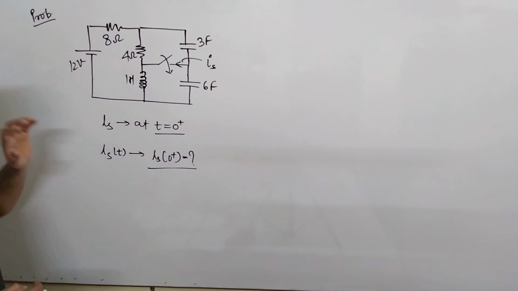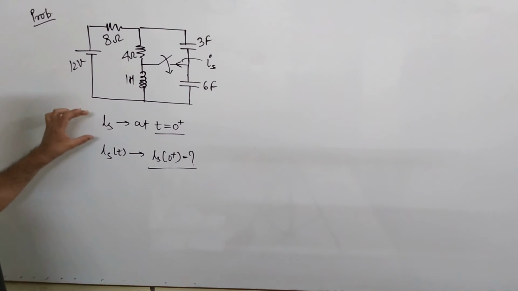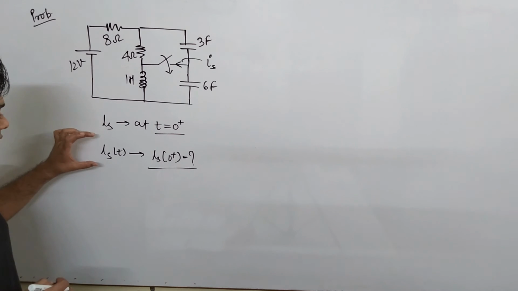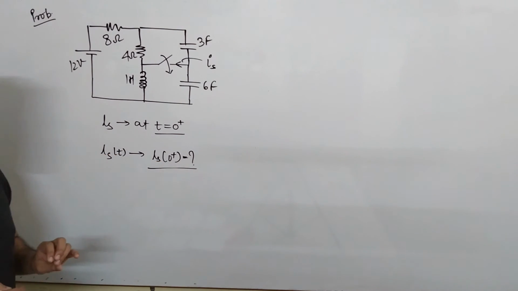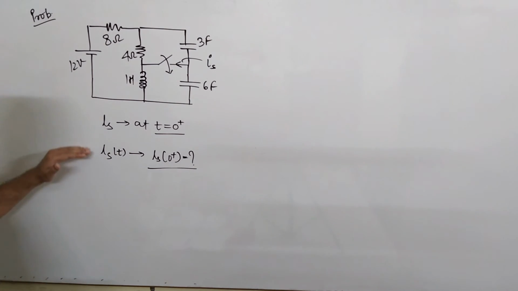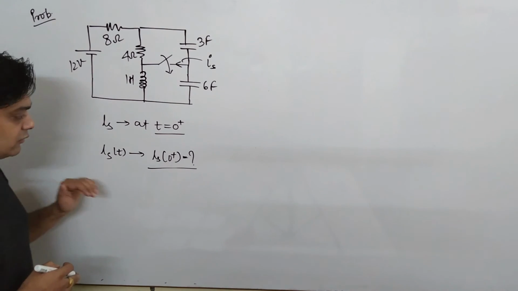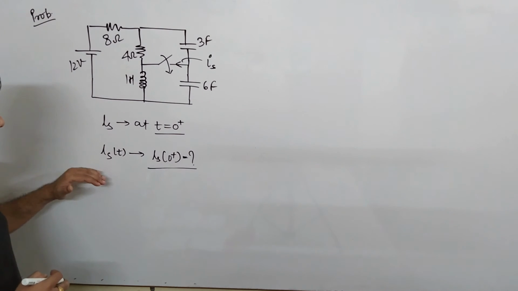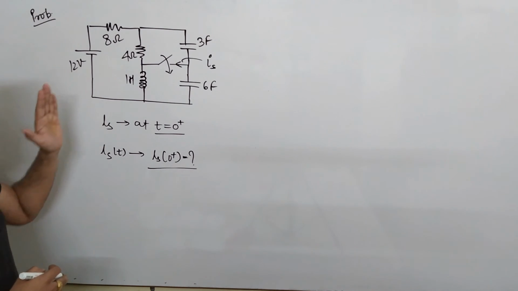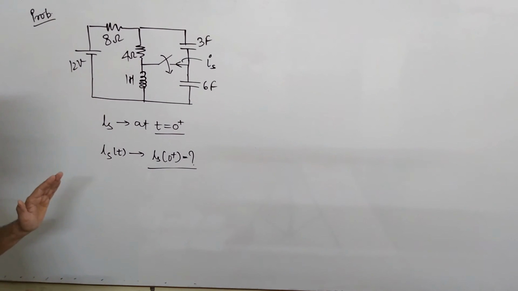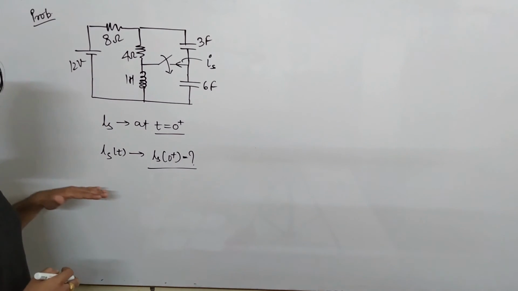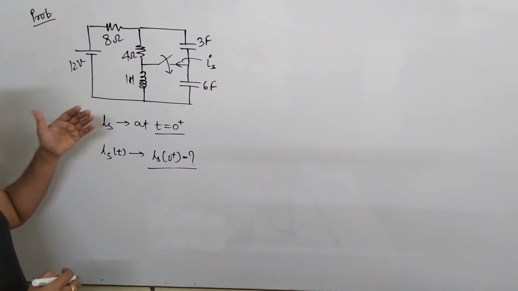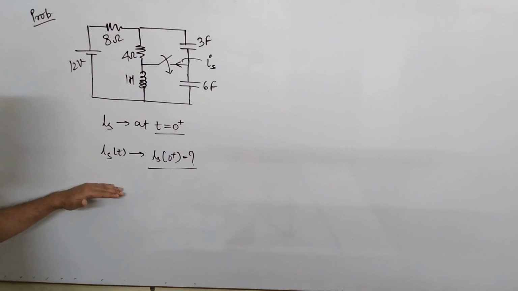But in this type of problem, whenever they ask you the value of current or voltage at t equal to 0 plus, you do not have to first find the complete solution and then find the condition at t equal to 0 plus. This is a different class of problem in initial conditions, in which we just identify the nature of the element, whether it is initially charged or uncharged, depending upon the condition of the switch mentioned in the problem.